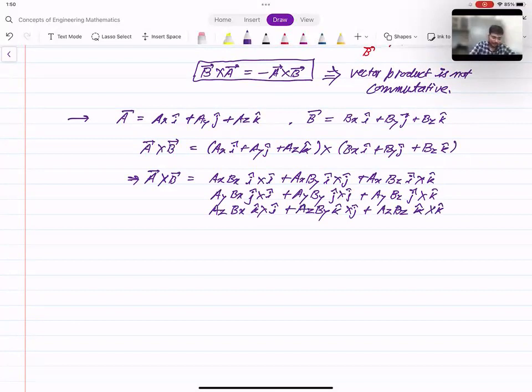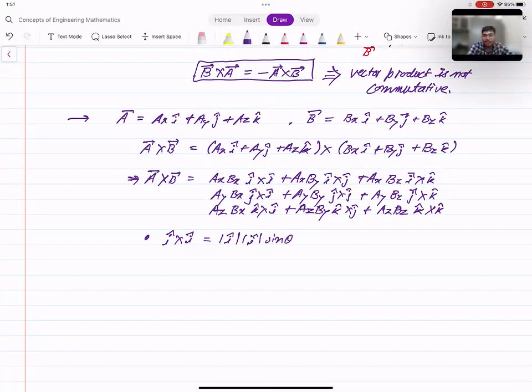Using this, we can simplify these terms. For that we need to know the values of these, i cross i or j cross k, meaning what they mutually mean. If we try to find i cap cross i cap, then we know that this is given as magnitude of i, magnitude of i, sine theta, n cap.